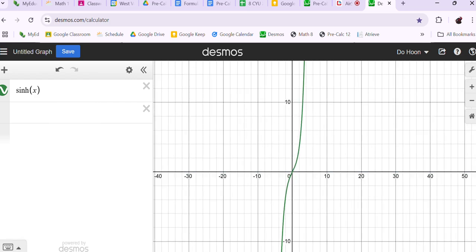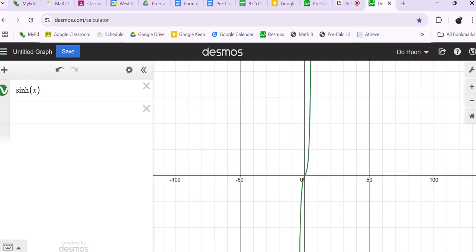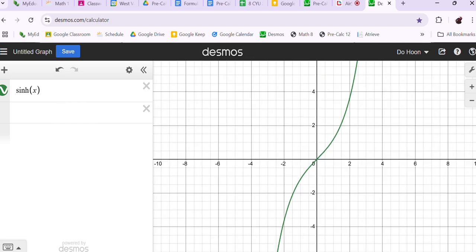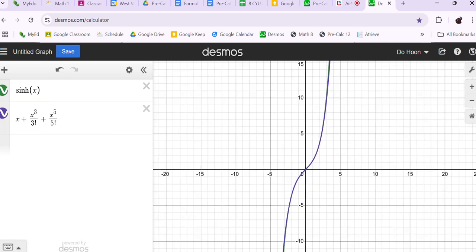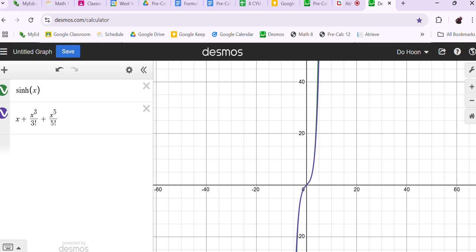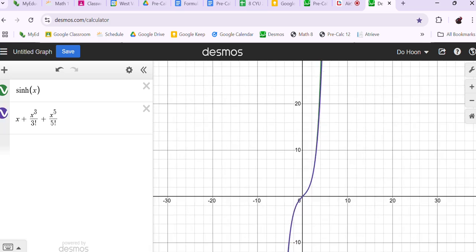So it's a function that looks like this. It kind of looks like a cubic function. And then let's graph what we just had: x plus x cubed over 3 factorial plus x power 5 over 5 factorial. Oh wow, cool. Look at this. This is a purple graph.